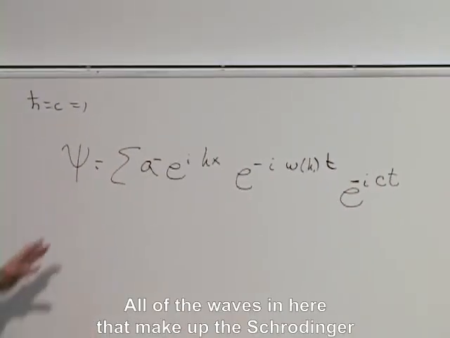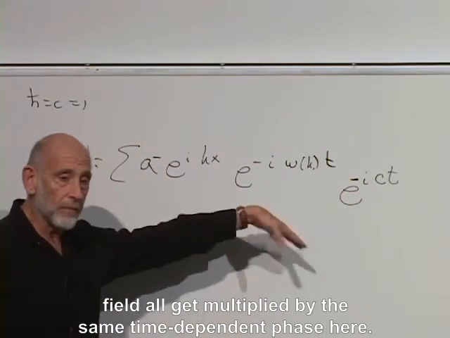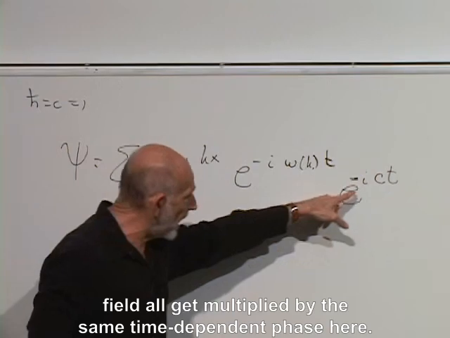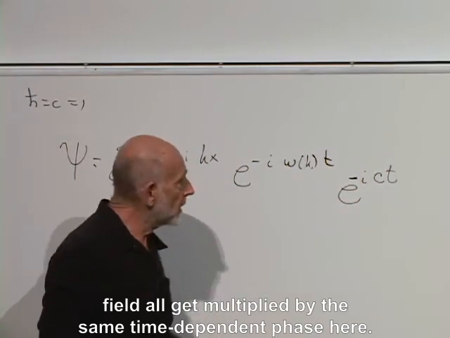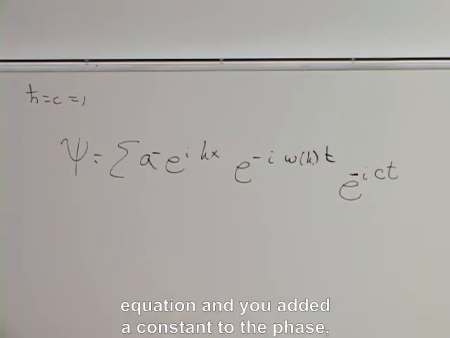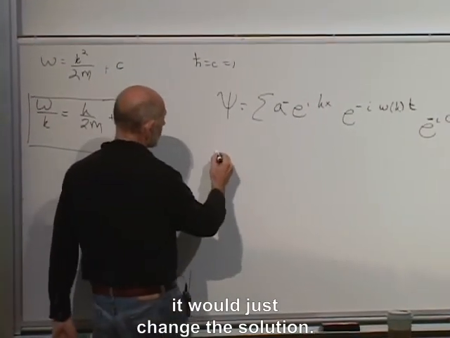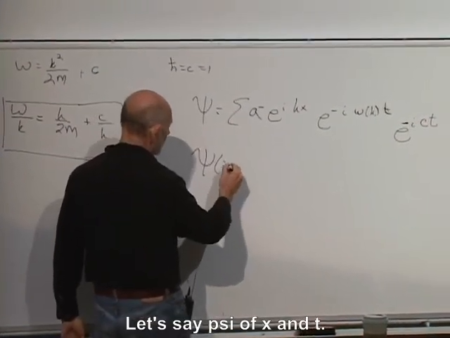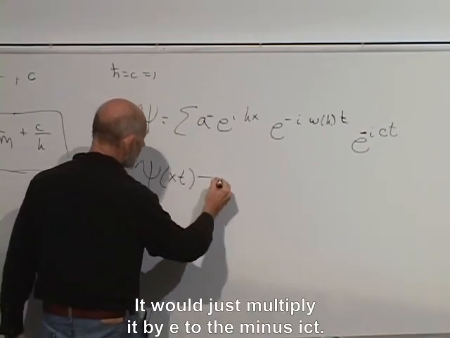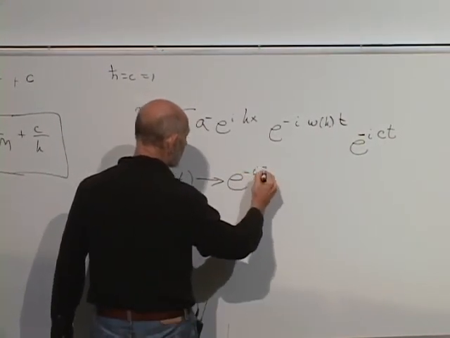All of the waves in here that make up the Schrodinger field all get multiplied by the same time-dependent phase. So if you had a solution of the Schrodinger equation and you added a constant to the phase, it would just change the solution, let's say psi of x and t, by multiplying it by e to the minus ict.